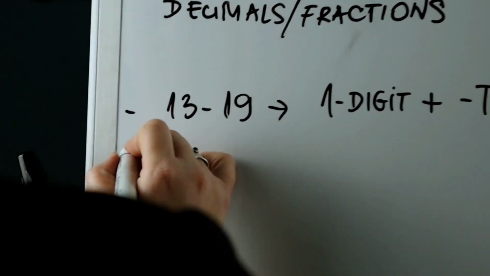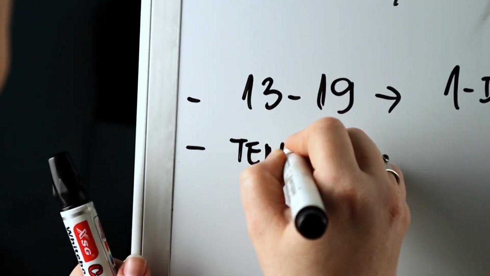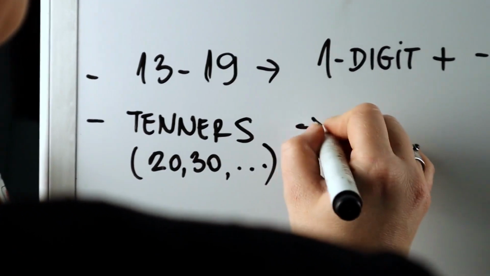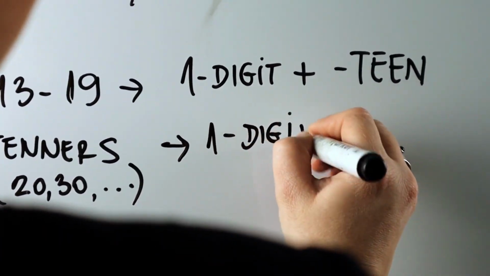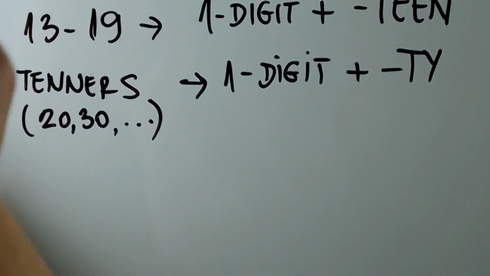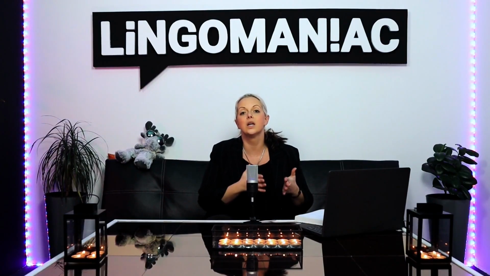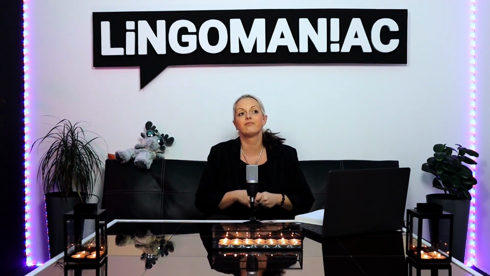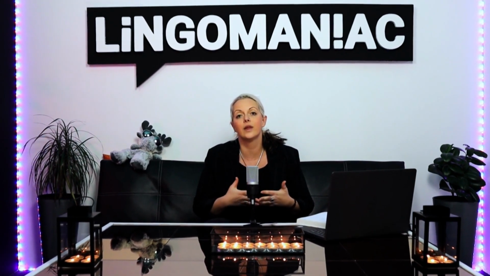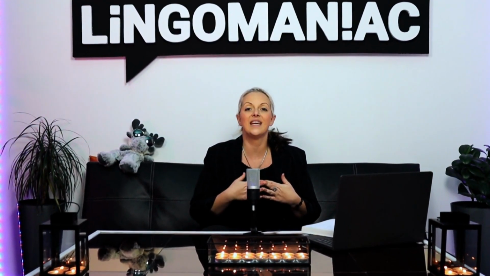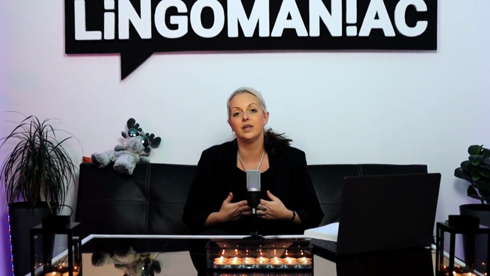Tenors, or so-called round decades, are built by adding the suffix -ty to the number of the first decade, actually to the one-digit number. But there is also one very important thing to point out: numbers that are made of or include the numbers 1, 2, and 3 show irregularities.